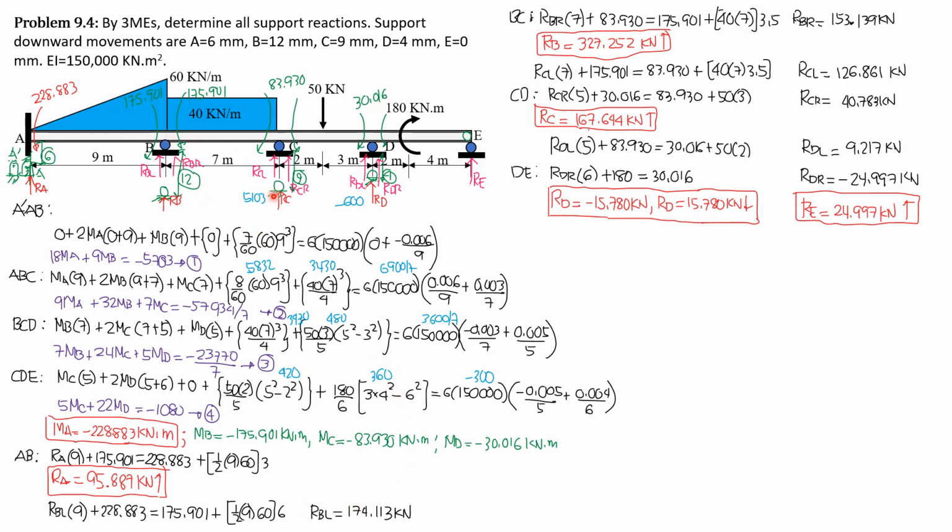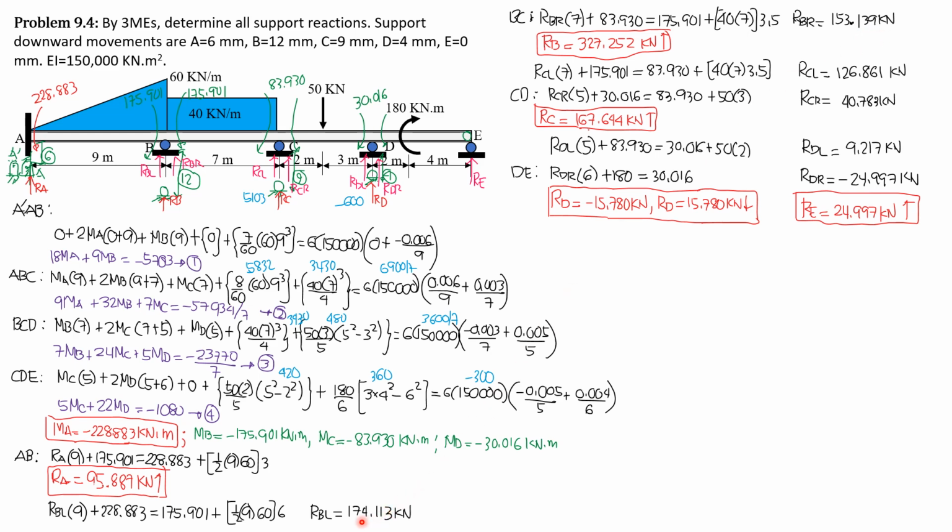Considering BC, summation moment about C equals 0, RB right times 7 plus 83.93 equals 175.901 plus moment of the load, 40 times 7 times 3.5. So RB right is 153.139 kilonewtons, positive also.